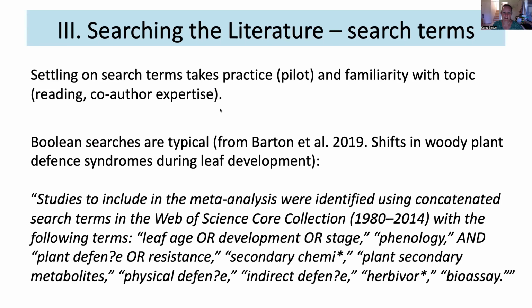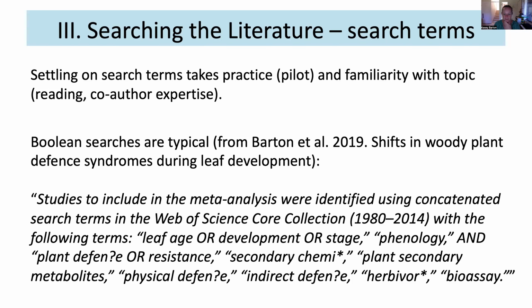So I would say you want to take some time to practice in your search system with different kinds of search terms to see that it's catching the papers you want it to. I would refer to this as pilot searching, right? Once you feel confident in the search terms that you want to use, then you develop your official search term list. And that is reported in your review. So this is an important part of your methods, right?